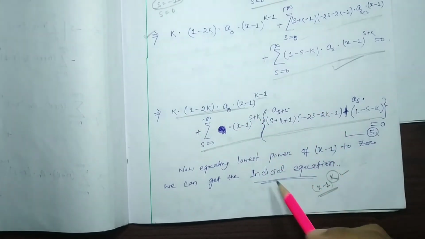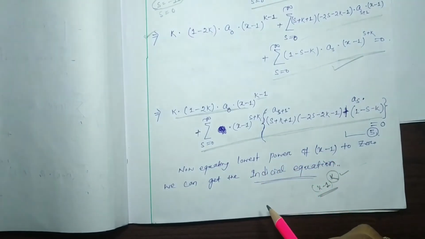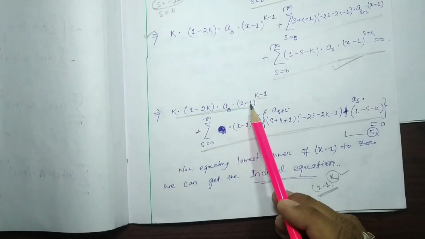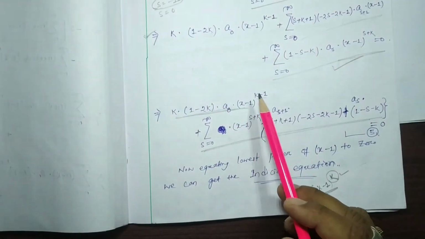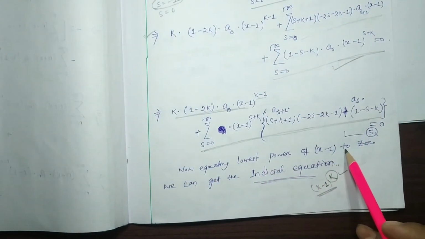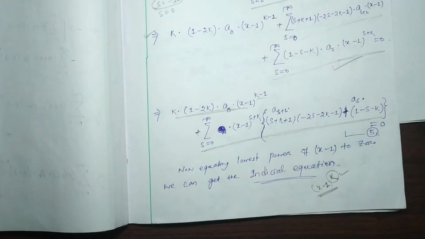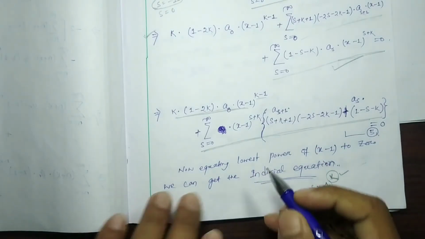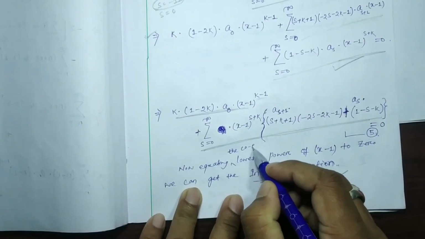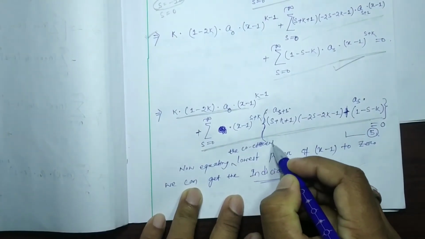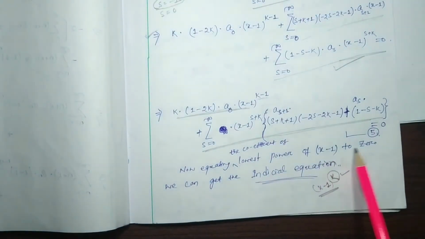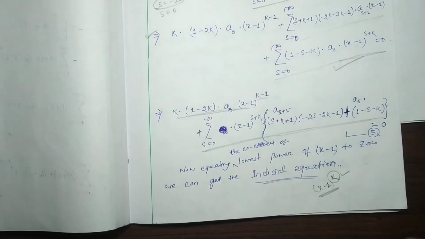We know that to find the indicial equation, we have to equate the coefficient of (x minus 1) which has the lowest power. So now, equating the coefficient of the lowest power of (x minus 1) to 0, we can get the indicial equation.